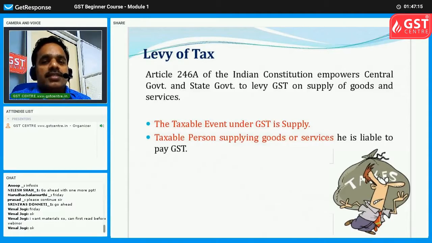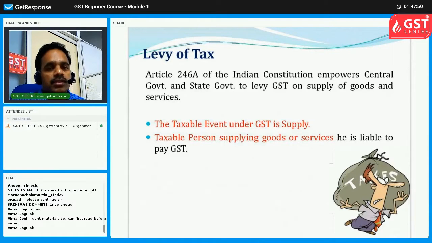Okay, so the taxable event under GST is supply, because in the present scenario, the indirect taxes are computed on various points such as manufacture, sale, service, etc. Central excise duty was charged on manufacture, VAT or CST was calculated at the point of sale, and service tax was calculated at the time of provision of service.